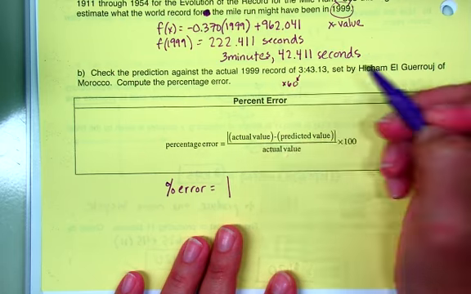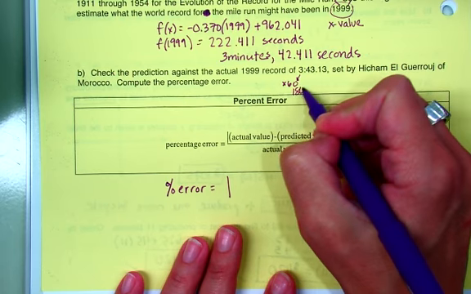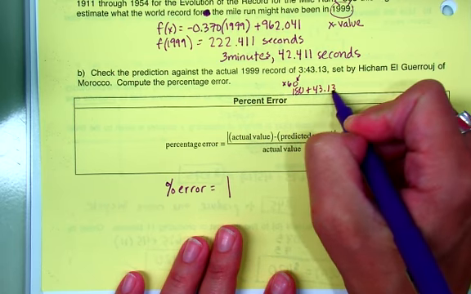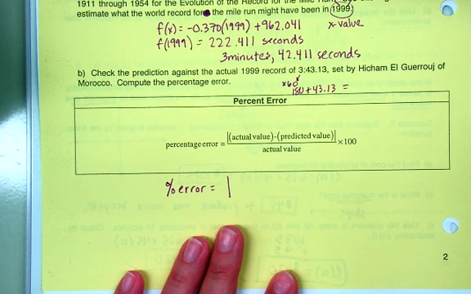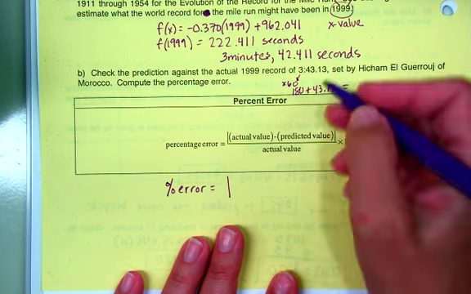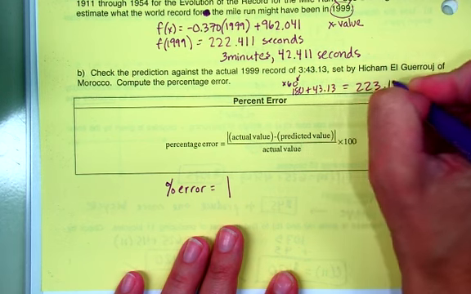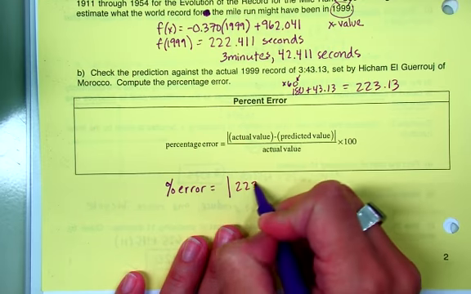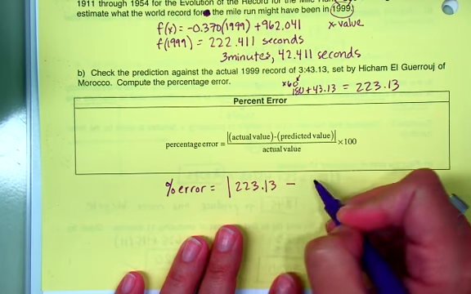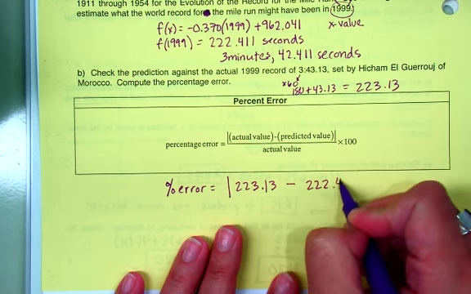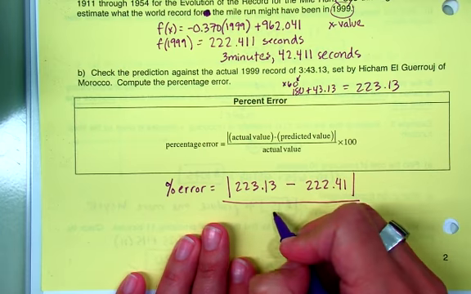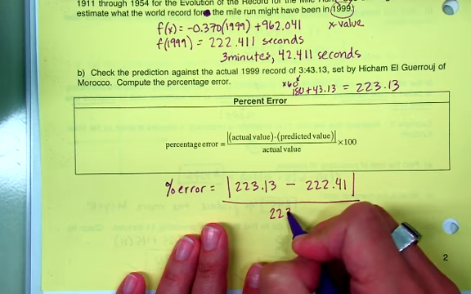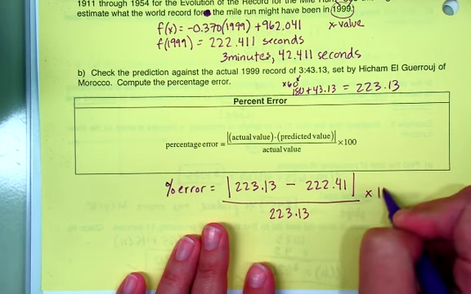So multiply 3 by 60, and then I have 180 plus the 43.13. So that's 223.13. Okay, so that's actual, 223.13 minus what did we get as our estimate, over the actual again, 223.13, and then times that by 100.